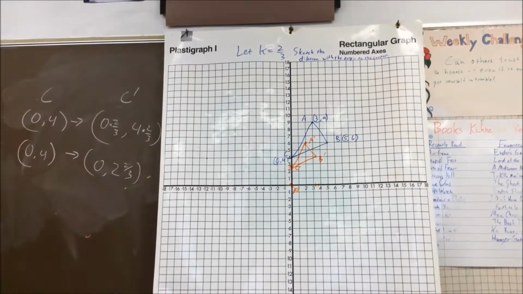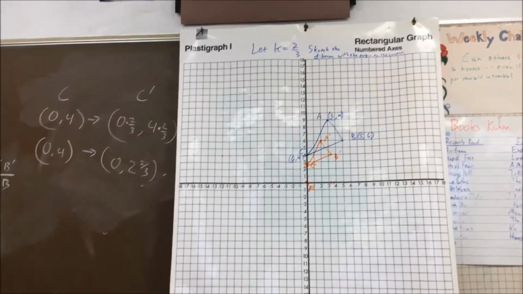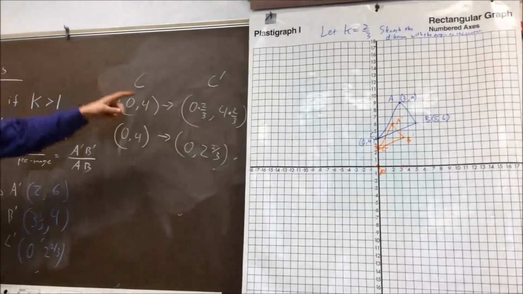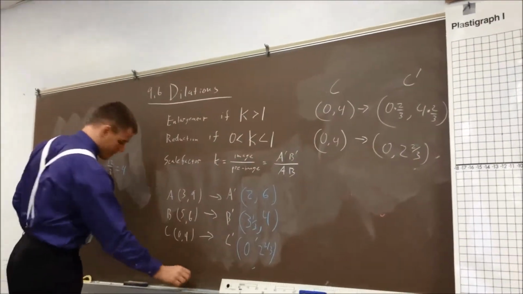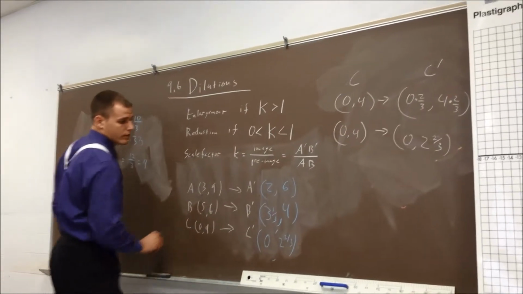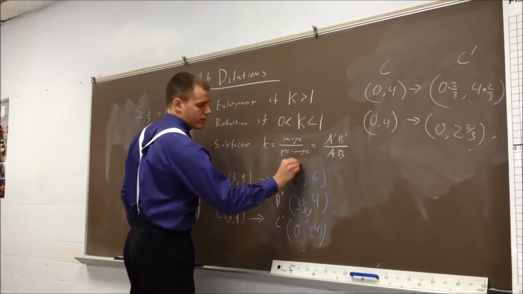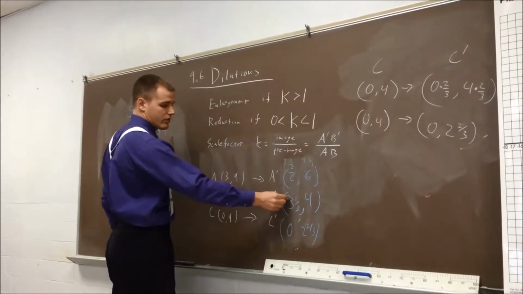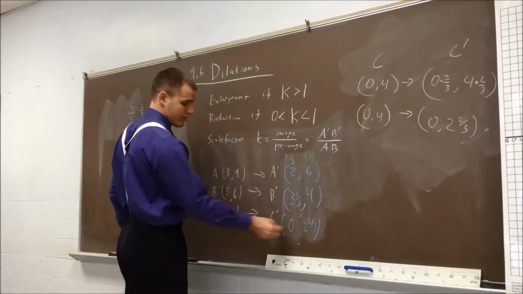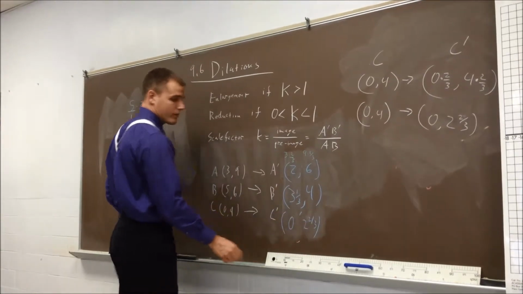So, that's how you dilate. Just take every single coordinate times the scale factor. 3 times 2/3, 9 times 2/3. So it's 5 times 2/3, 6 times 2/3, 0 times 2/3, and 4 times 2/3.